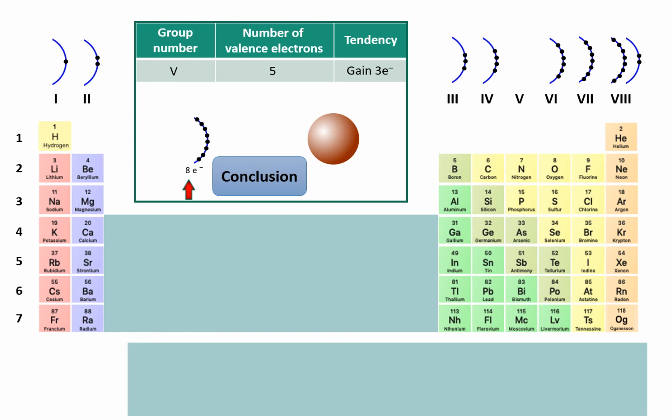It is easier for group 5 elements to gain 3 than to lose 5. It is easier for group 6 elements to gain 2 than to lose 6.